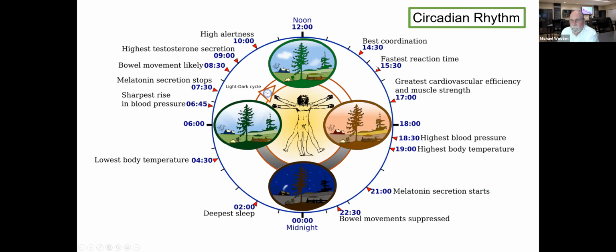We get some of our early afternoon, 2:30 or 3:30 or so, depending on who you are. You start to see some of your physical strengths increase. And then as we start to shut down, 7 p.m. or so, 9 p.m., we start having melatonin production, you get a little sleepy. And then as you go to sleep, you suppress various things. Body temperature tends to drop a little bit. Then we cycle back through this whole process, okay?